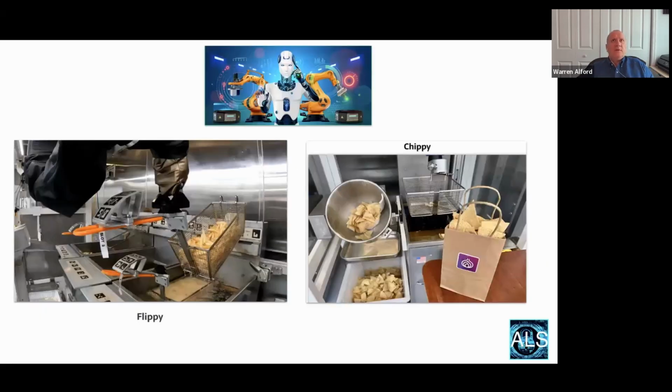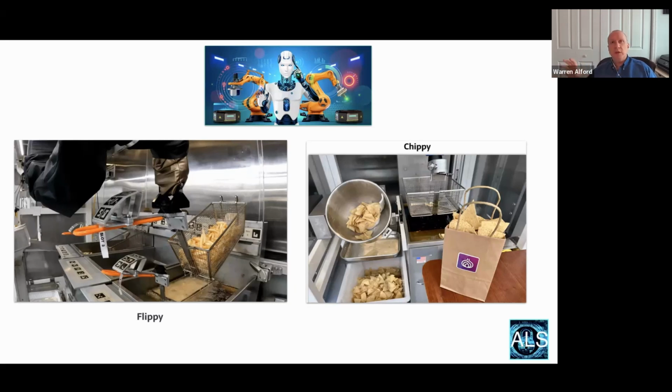A couple of other examples of this is Flippy on the left, which is actually a robot that fries French fries. It takes the material, the fries, and puts them in. It actually fries them and delivers them to another place, and then it will go as far as to salt or what have you. These systems are being integrated with inventory management and input management.